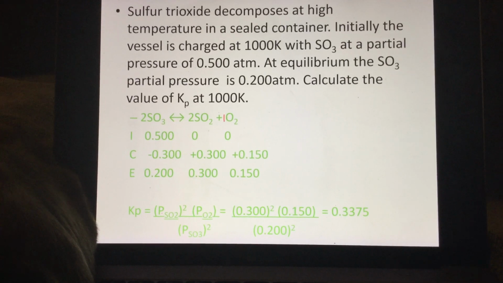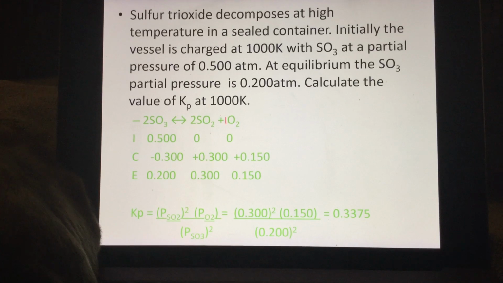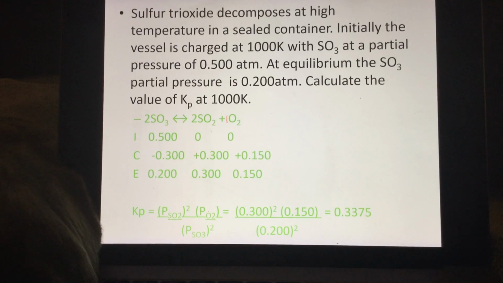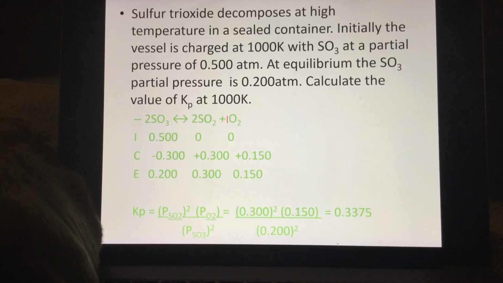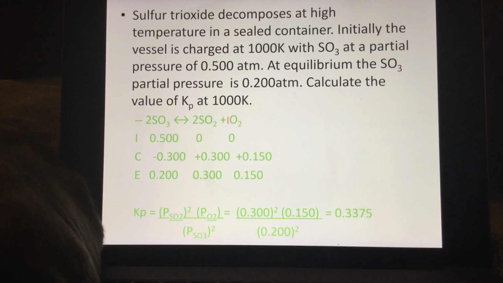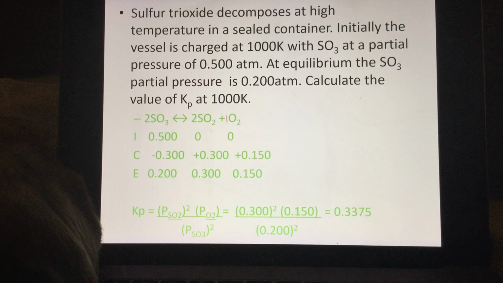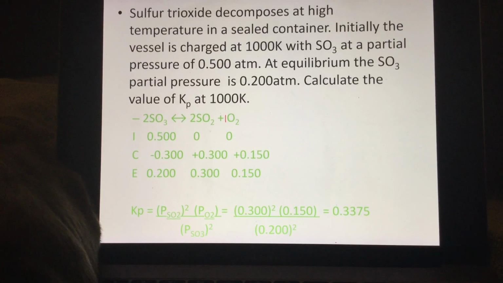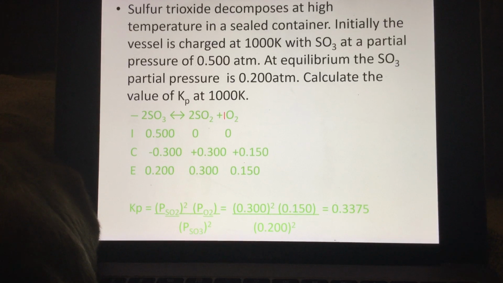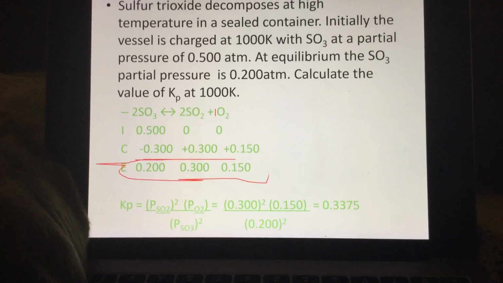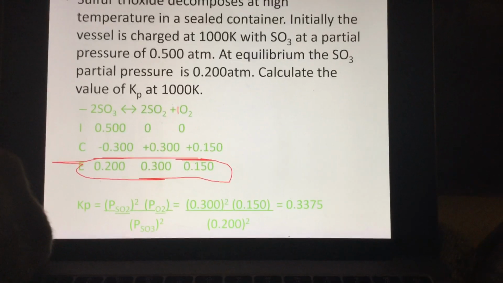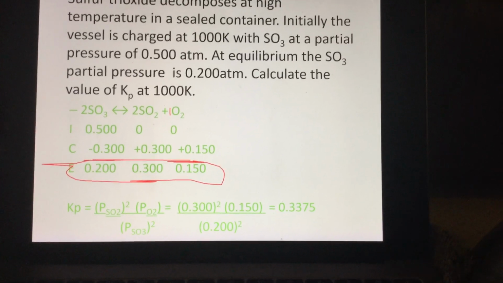So we have the pressure of the SO2, and because there's a 2 here for a coefficient, that's squared, times the pressure of the oxygen over the pressure of the SO3, and again because of that 2 for the coefficient, we square that. So we plug in our equilibrium pressures that we just determined from our ice table.